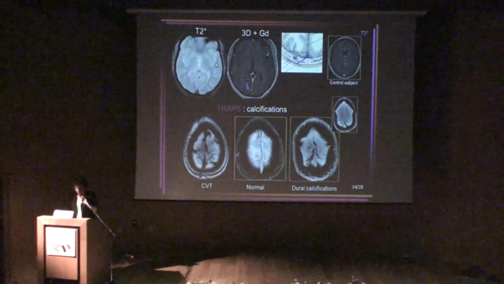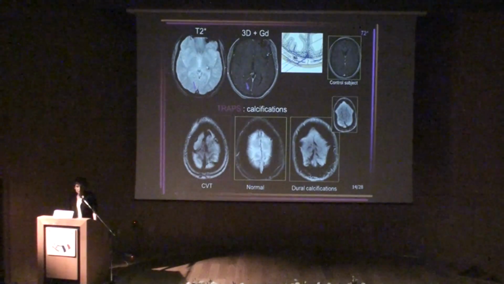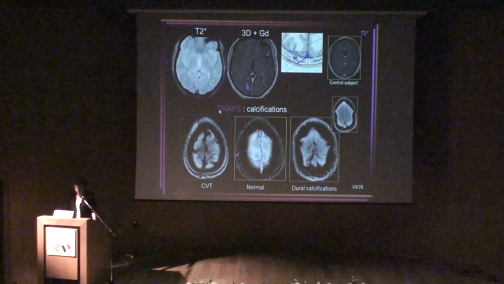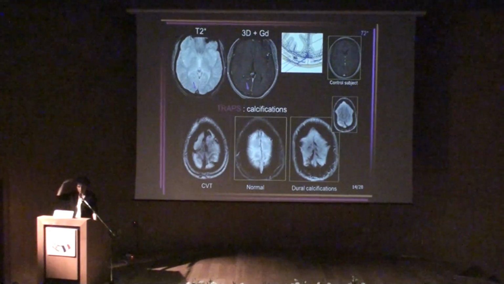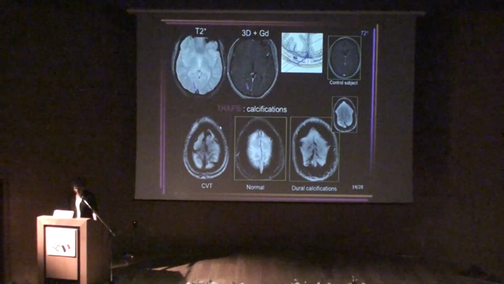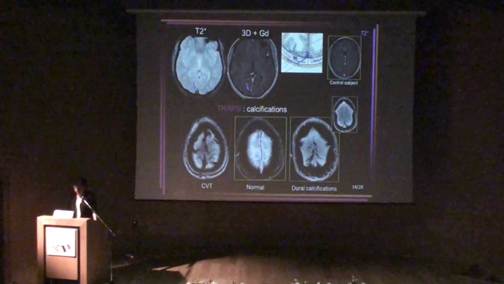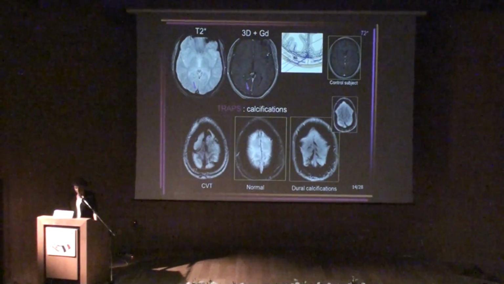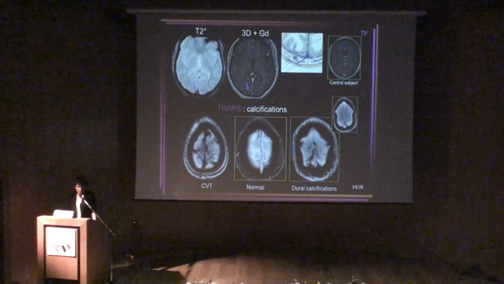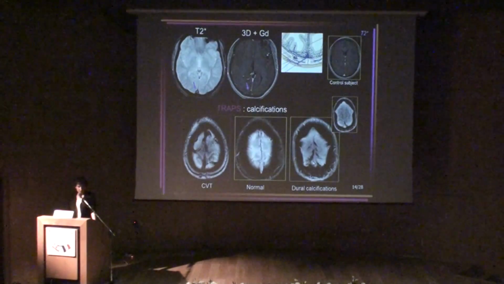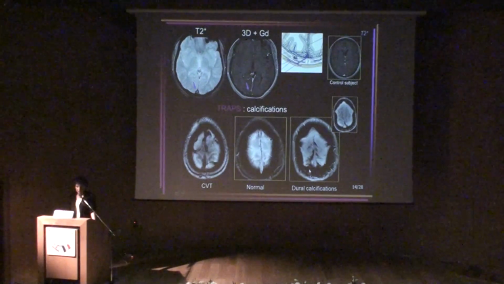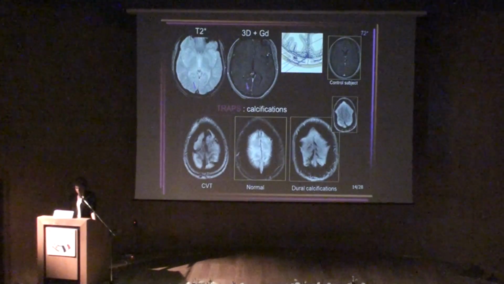There are a few traps. If you leave this course and you start looking at all your T2 star weighted sequences at the vertex, you will maybe face this situation. Okay, this is a cortical venous thrombosis I've shown you before. This is a normal subject. And this is what you might face, quite often in fact, that you may erroneously conclude that it corresponds to CVT.